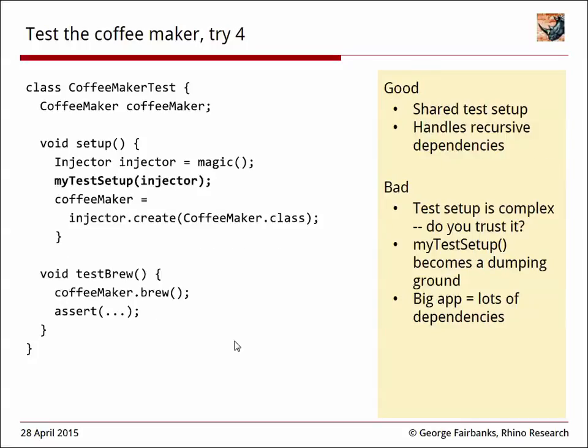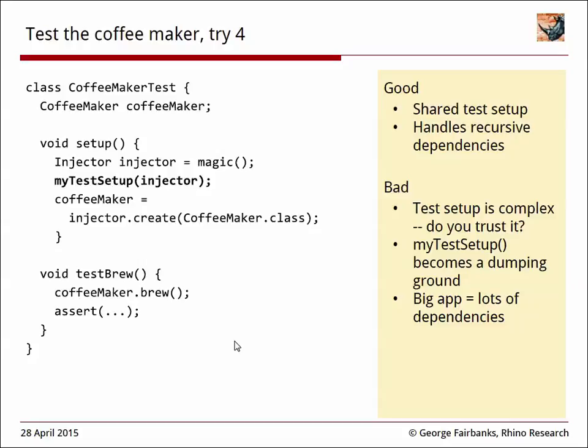So what you do is you create a method that groups all that standard stuff together. It's like my test setup, and all of us as engineers on the project keep contributing those bindings, those here's another object that's a test version of something, and we keep sticking them inside there. Okay, so this is pretty good because we're still at the point now where we can do a test configuration and a production configuration, and those work, and we've got shared test setup that we can all contribute to.